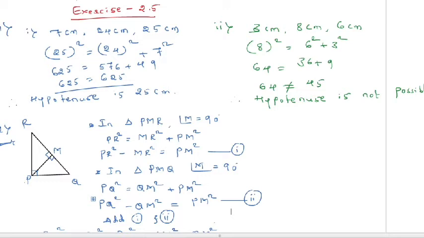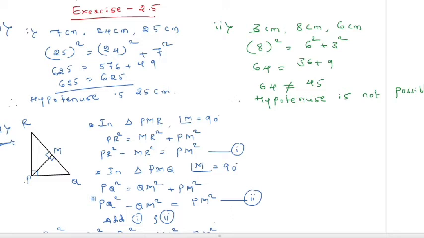Are these two equal? No. If they are not equal, then it is not a right angled triangle. If it is not a right angled triangle, then there is no hypotenuse side. Therefore, the hypotenuse is not possible here.